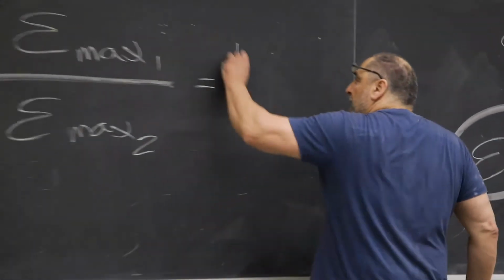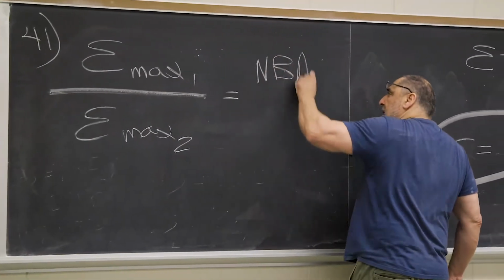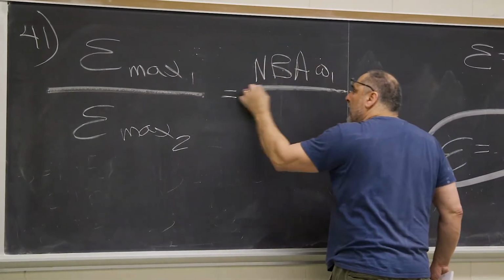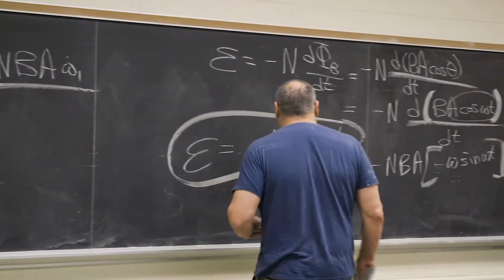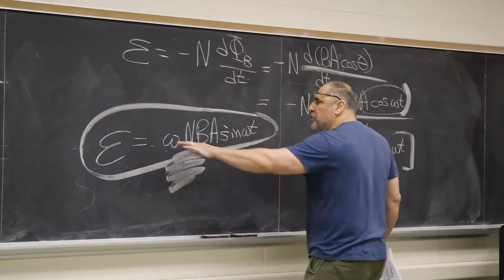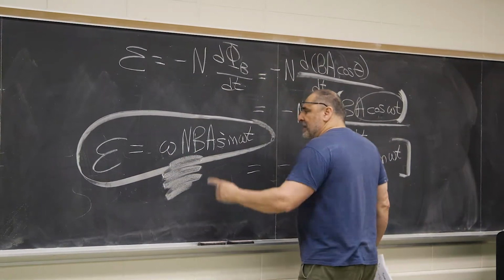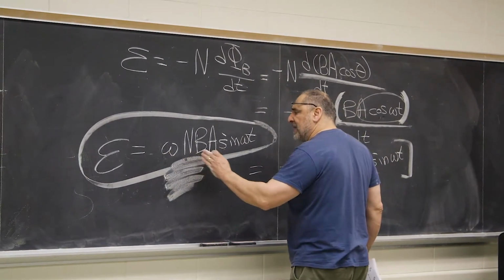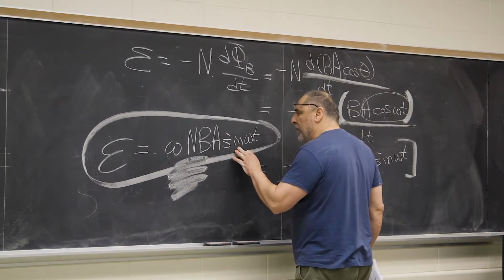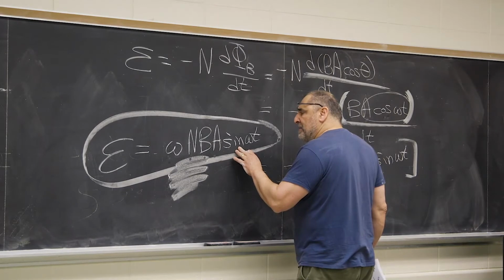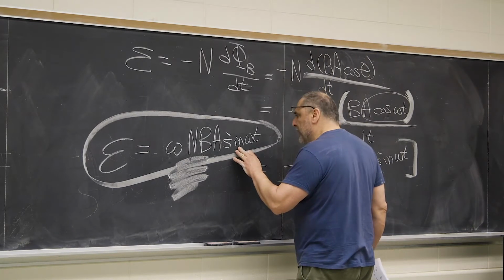Doing this, you can compare the two. So this is NBA omega 1. They want the maximum. What is the maximum value you can attain for E? The maximum value is constant, constant, constant, constant. Sine omega t does all the variation here to make the induced EMF occur in the first place.